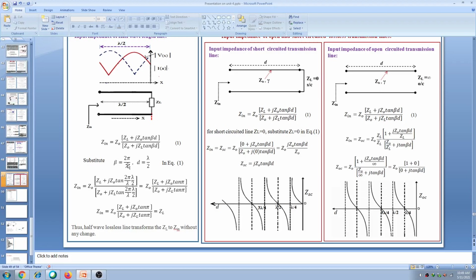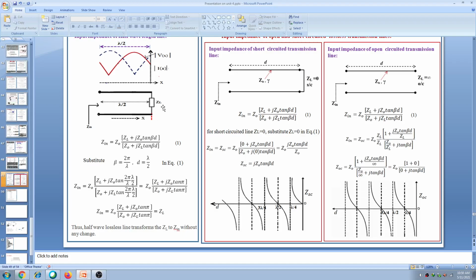Actually this also finds some application, because sometimes we may not be able to connect the source directly to this ZL. Some isolation may be needed. In such a case we can use this, because the impedance at a distance lambda by 2 is the same as the load impedance.